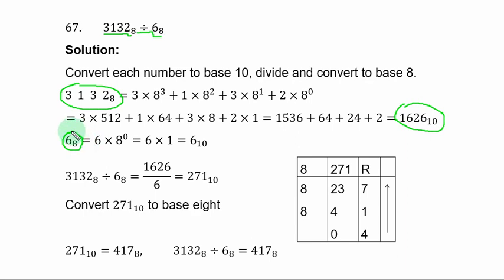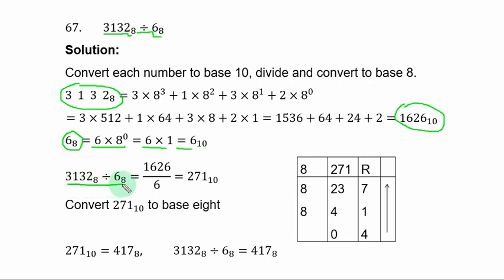You convert 6 base 8 to base 10. That is simple. You simply multiply 6 by 8. You have only one digit, so the position is 0. So you have 6 times 8 power 0, that is 6 times 1 equal to 6 base 10. So this is the result.